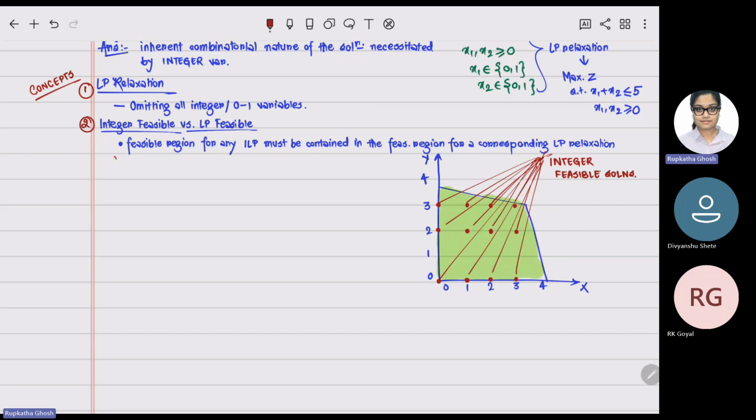So the optimal solution to an LP relaxation will give you what? Can you tell me?